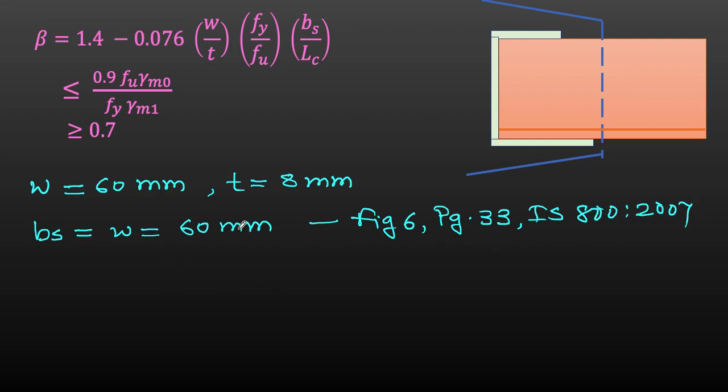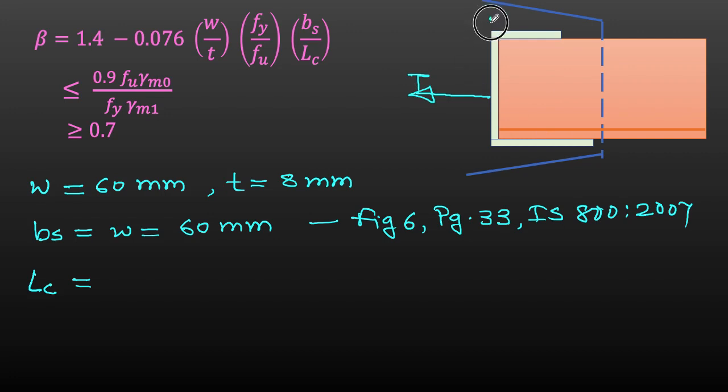Now we have to identify Lc. What is Lc? For a welded connection, Lc is the length of weld along the direction of load. Since this is a tensile member, the force applied is a tension force, so we have to find the length of weld in the direction of the applied force.